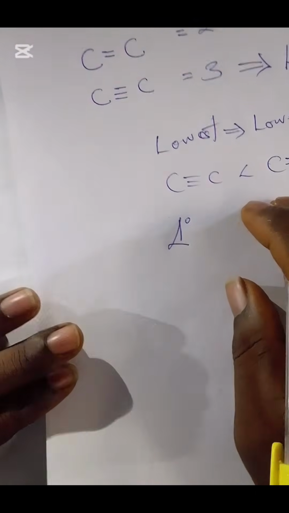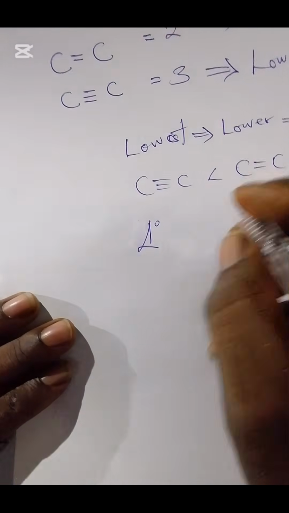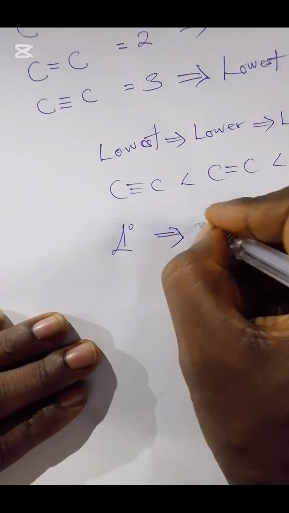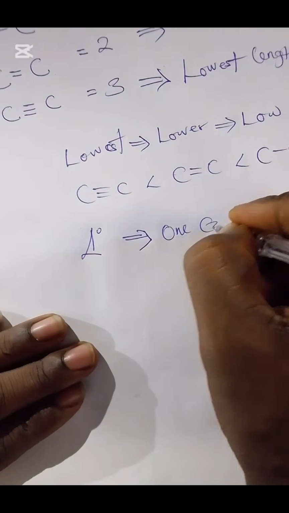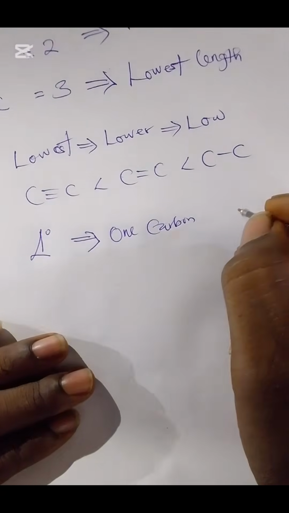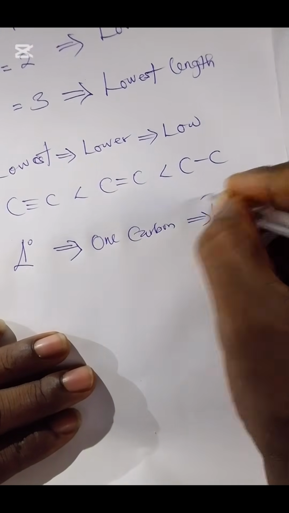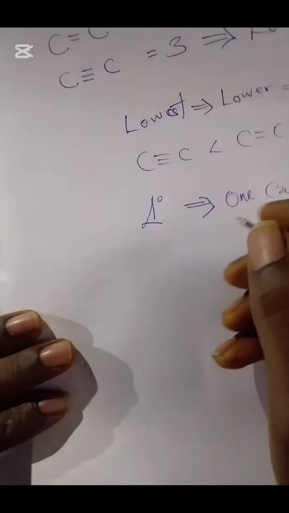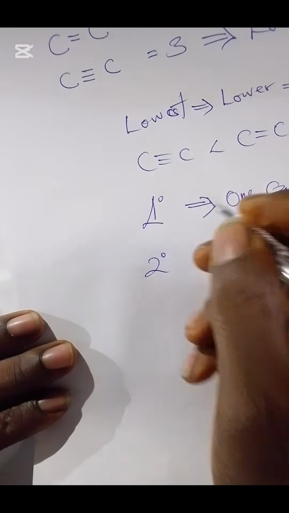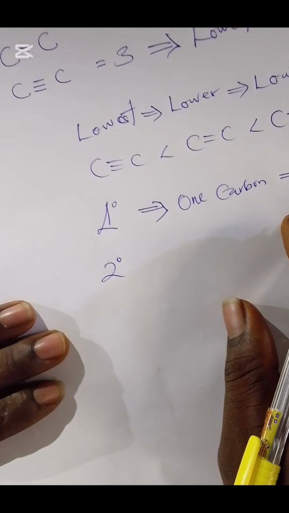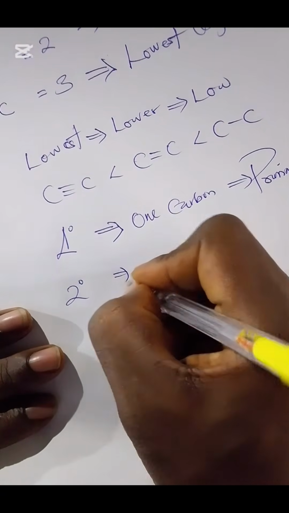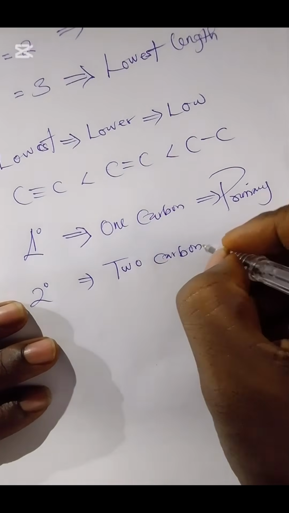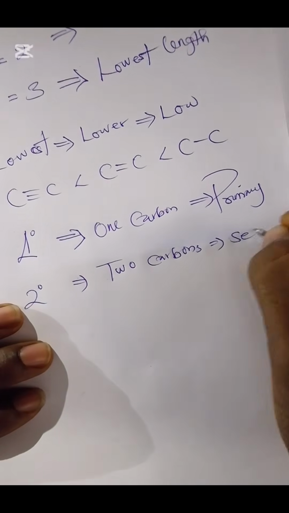This degree 1 carbon is bonded by only one carbon atom, and it is called the primary. And also we have degree 2 carbon. This degree 2 carbon is bonded by only two carbons, and this is called secondary.